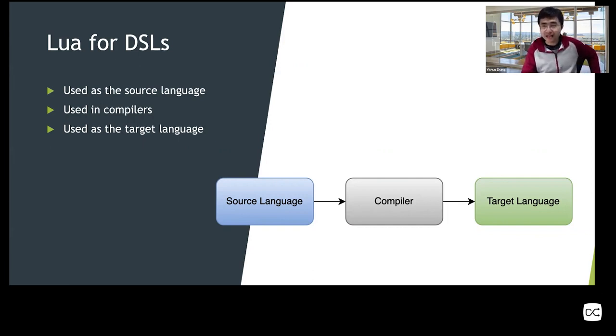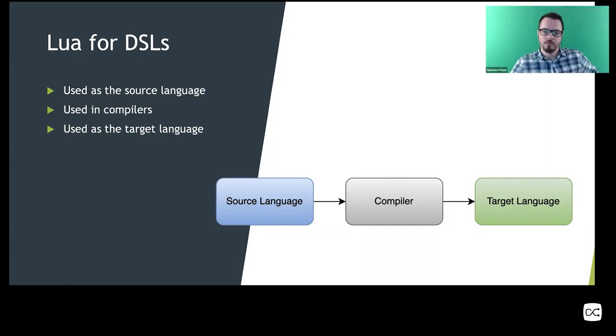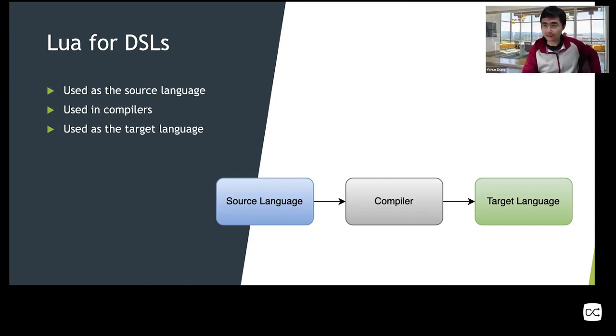Many of my DSL compilers are actually driven by Lua, because I use another DSL to create DSL compilers, and this meta DSL compiler generates Lua code. So that's the magic of DSL also.